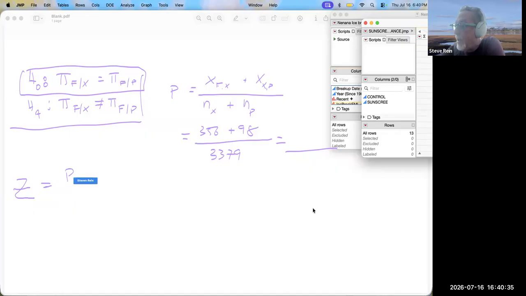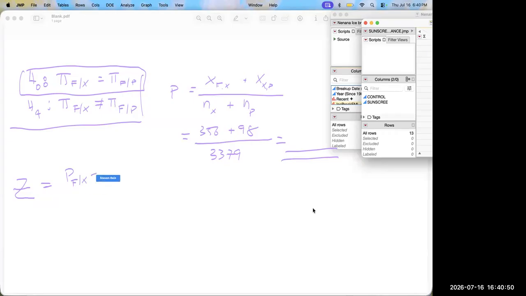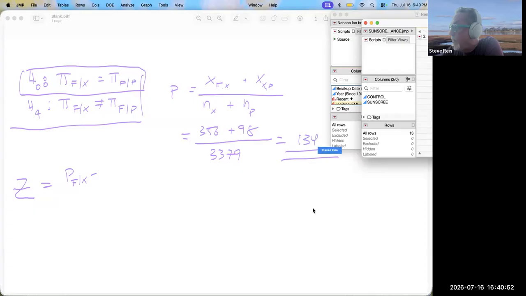And I'm going to say P, the rate of fecal urgency. If one of you does get that number over here on the right, please just shout it out. I got 0.134. I love it.